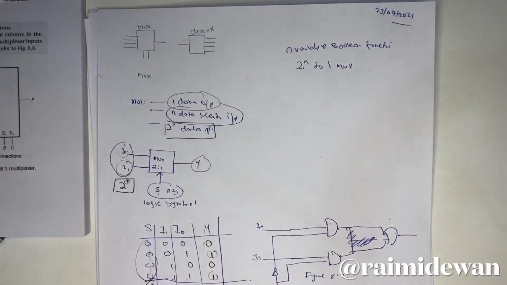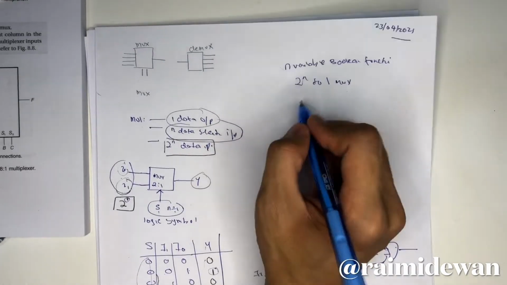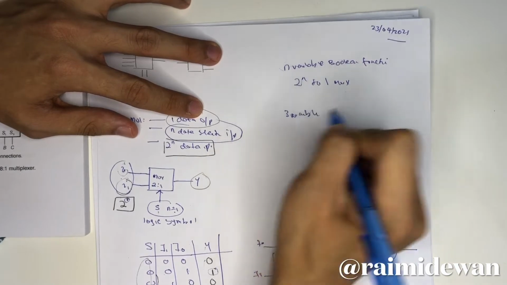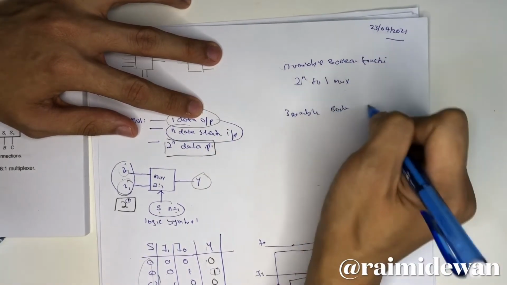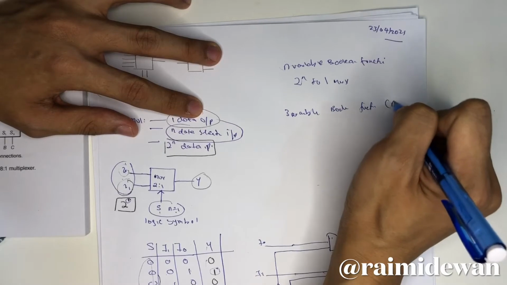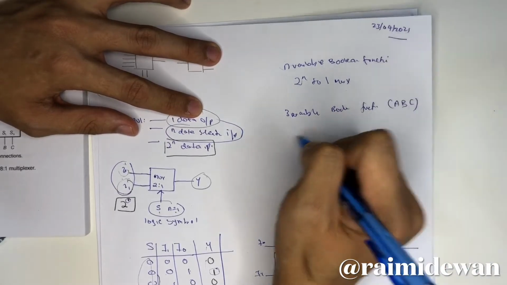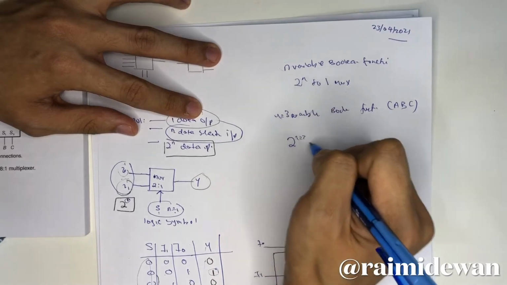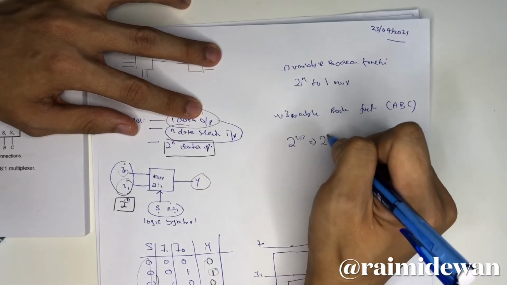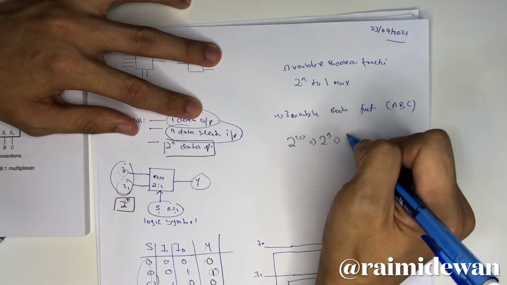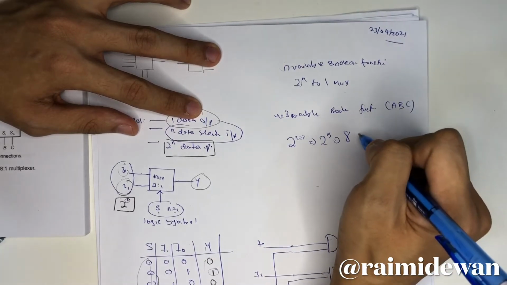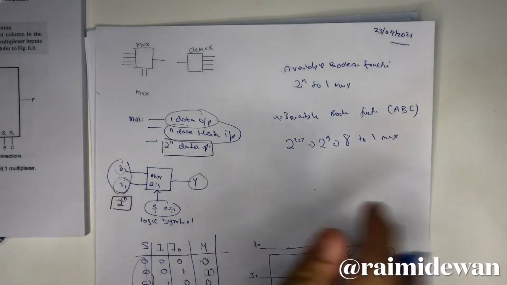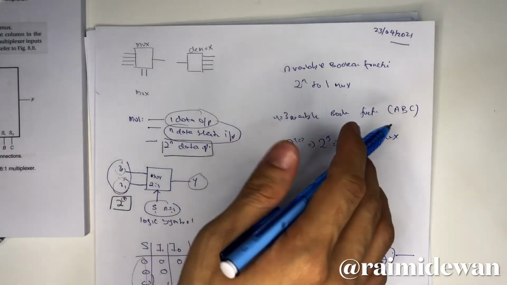What does this mean? Let's say you have a 3-variable Boolean function, for example A, B, C. This one is 3 variables, so you will have an 8 to 1 mux. It's that easy.